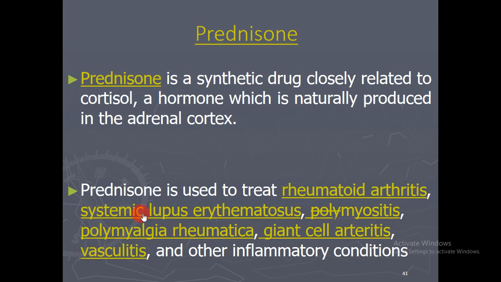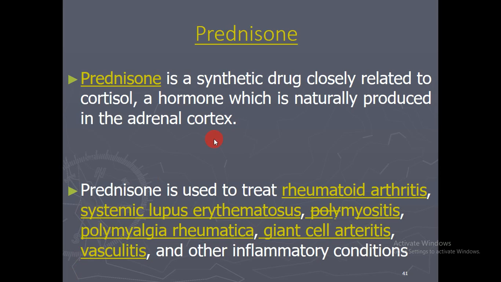Prednisone, its clinical indications: it is used to treat rheumatoid arthritis, systemic lupus erythematosus, polymyositis, polymyalgia rheumatica, giant cell arteritis, vasculitis, and other inflammatory conditions.